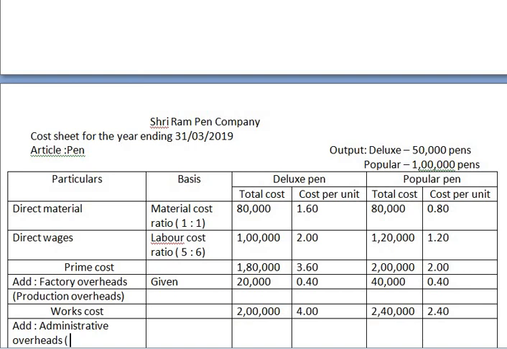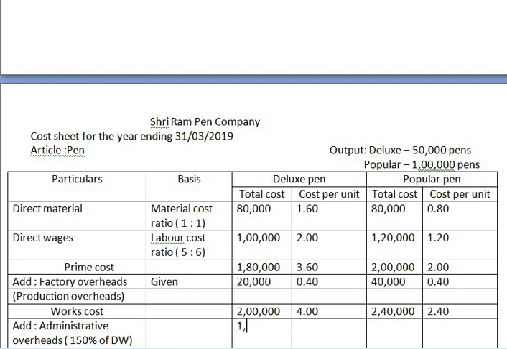In bracket you can write 150% of direct wages. Okay, now direct wages is 1 lakh. So for a deluxe pen it is 1 lakh into 150%.